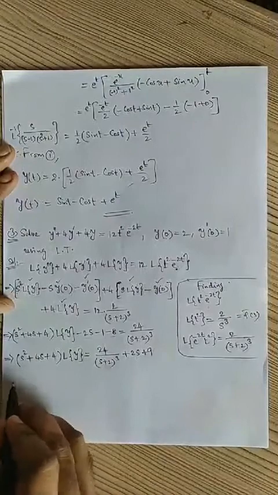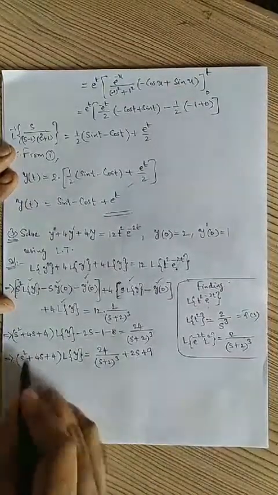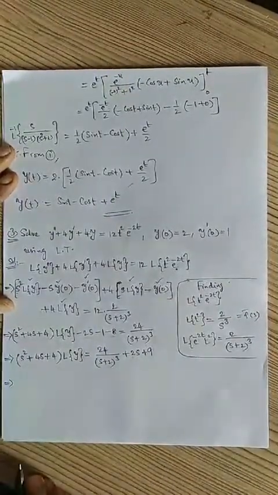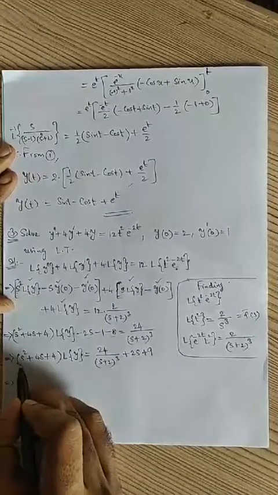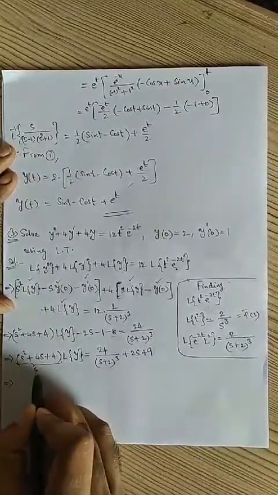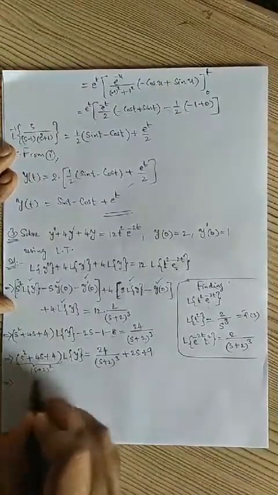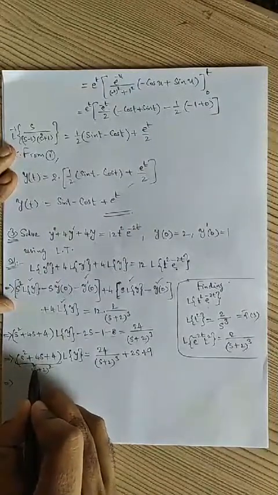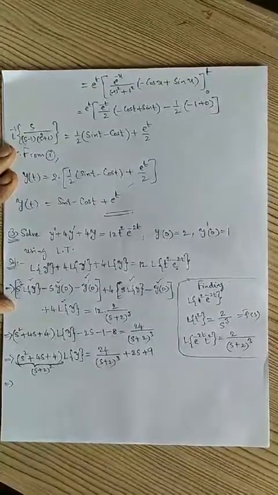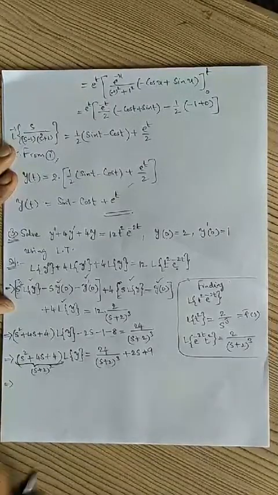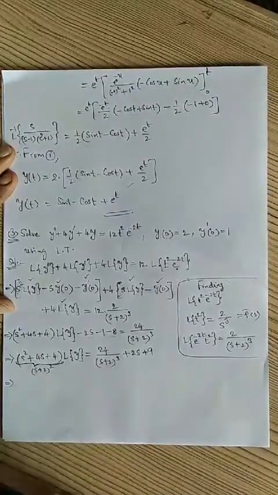Now this whole thing can be written, if you observe, as s plus 2 whole square. Right? When I expand this, s square plus 4 plus 4s. Right?